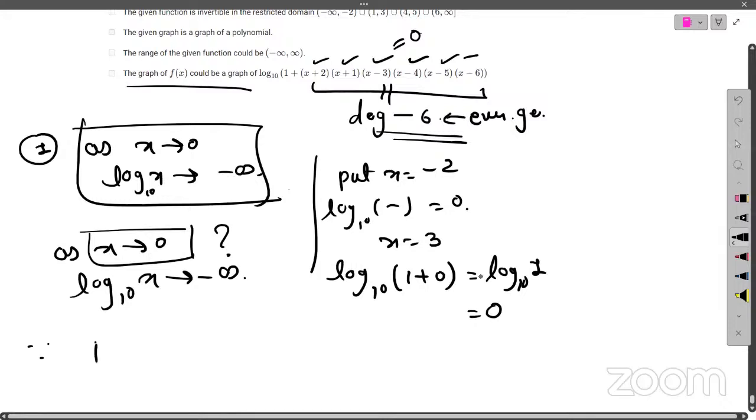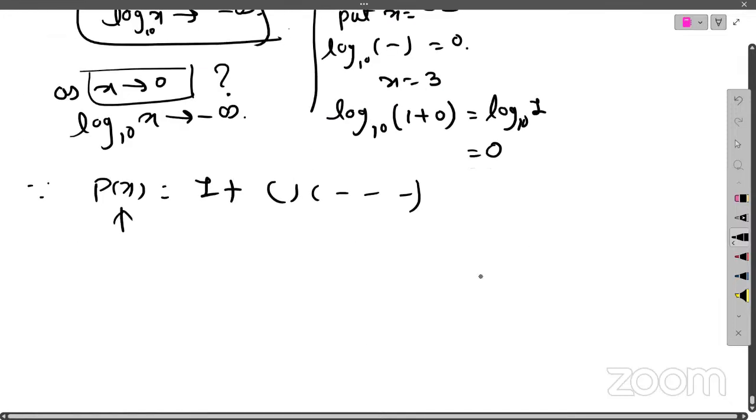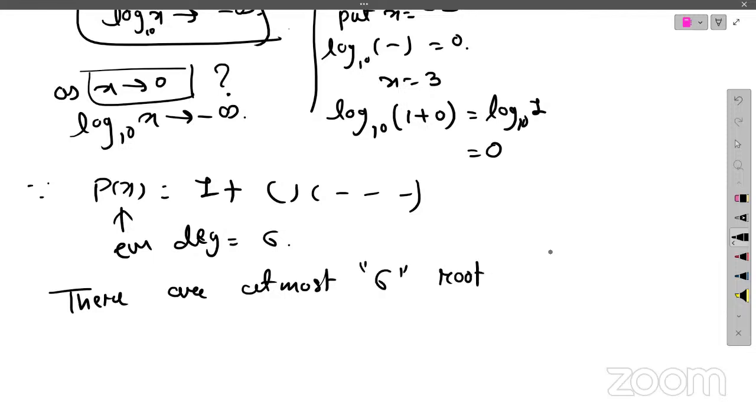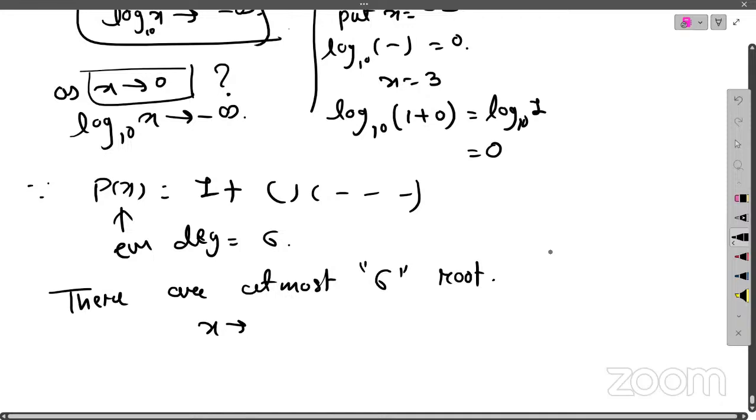Since this p of x is 1 plus the whole bracket, and it's an even degree polynomial, the even degree actually does not give us anything, but since the degree is 6, there are at most 6 roots. So there are 6 points where this p of x going to 0 can happen.